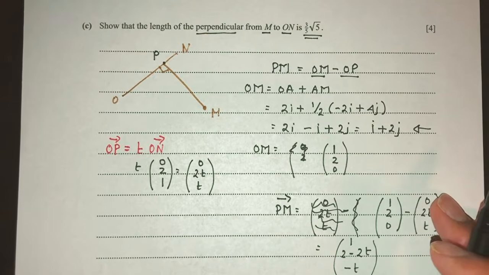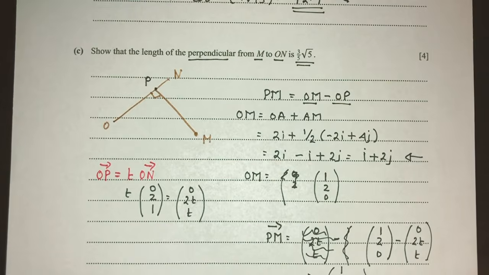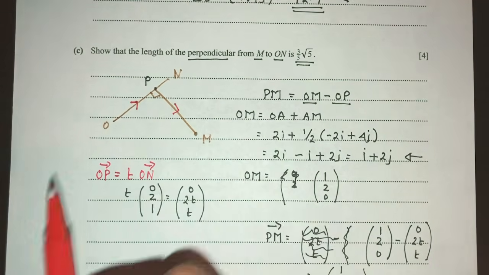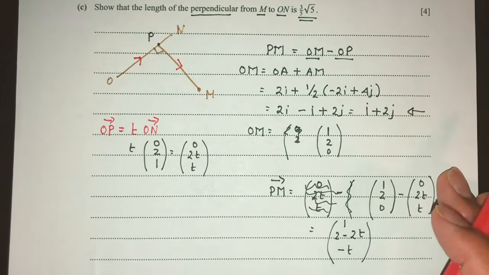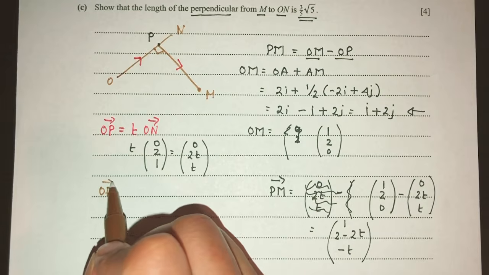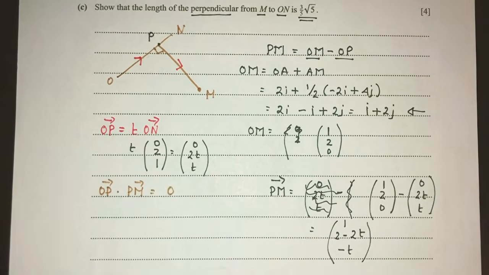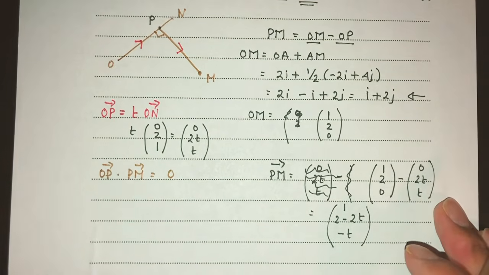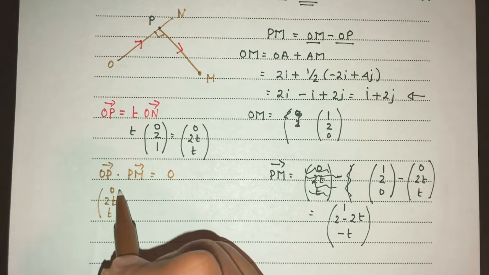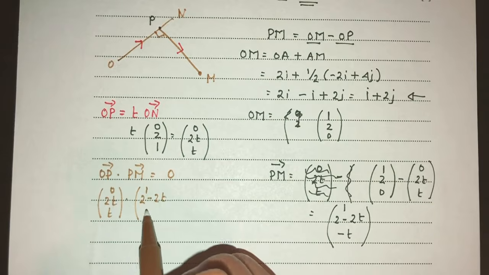So how can you find the value of t? You have to look at this diagram. As you can see, OP is perpendicular to this line. So we can use the dot product equal to 0. Basically OP dot product PM has to give you the value of 0. So let's do that. OP is 0, 2t, t, times PM, which is 1, 2 minus 2t, minus t.